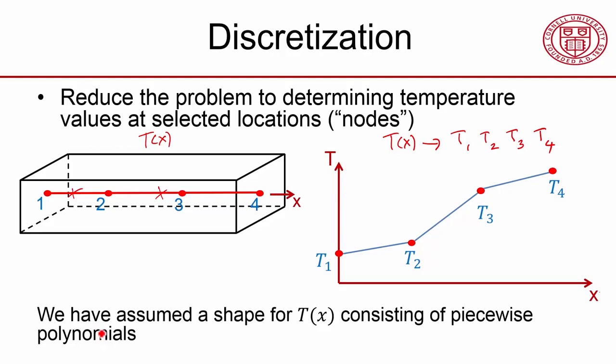And the shape is constructed element by element. And in any finite element methodology, you do that. You're assuming a shape, and the shape is constructed element by element. The crux of the problem now is how to determine the temperature at the nodes, in our case at the 4 nodes.